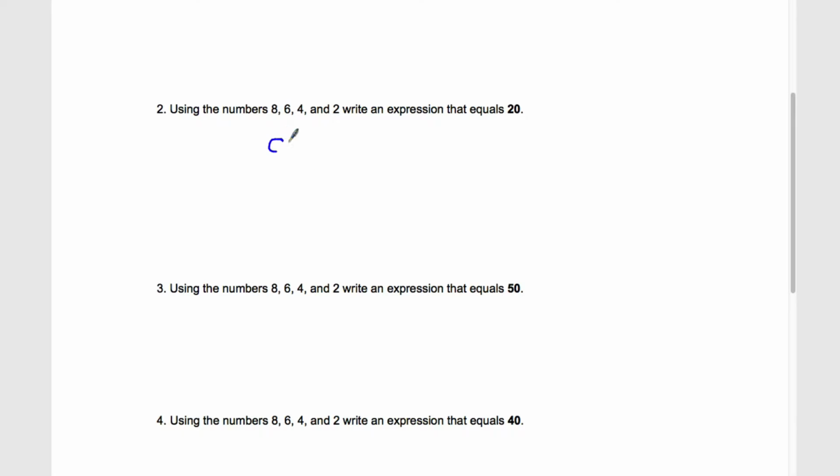Here we have, again, 8, 6, 4, and 2. And somehow we have to get 20. Okay? So we could do times again. Well, that we just did, so that's not going to work. What if we did plus? What would that give us? 8 plus 6 is 14.